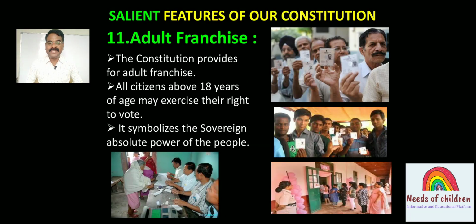And the 11th one, adult franchise. The Constitution provides for the adult franchise. All citizens above 18 years of age may exercise their right to vote. It symbolizes the sovereign, absolute power of the people.